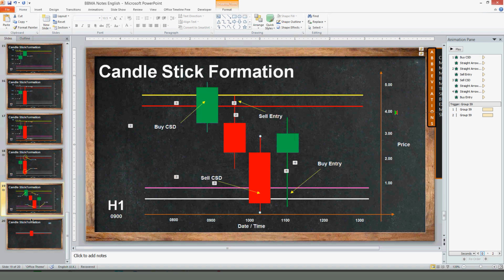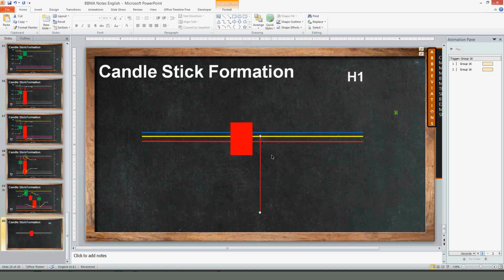Okay, so let me just copy this. All right, so let's say that this candle closes like this, like what you're seeing at GJH1. So this is a very strong re-entry because as you can see, the market tried to go up, but obviously there's a strong resistance at this point so it couldn't go up.